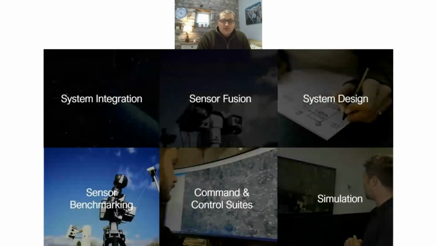I mentioned before that Operational Solutions is a system integrator, and it's important to break that down in terms of what we offer within counter drone. Yes, we have our own command and control solution, which is a piece of software. But what's important to note is that Operational Solutions is totally hardware agnostic.